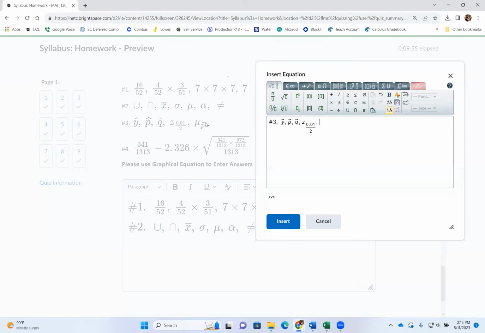This is mu sub P hat. So I'm gonna go to the Greek letters, mu, go back to the first tab, subscript. Now I go to the hat thing right here and type a P inside that hat accent. Mu sub P hat. All right, insert.